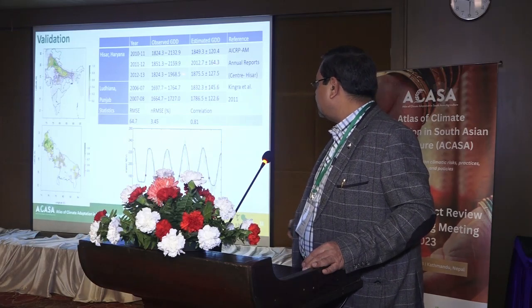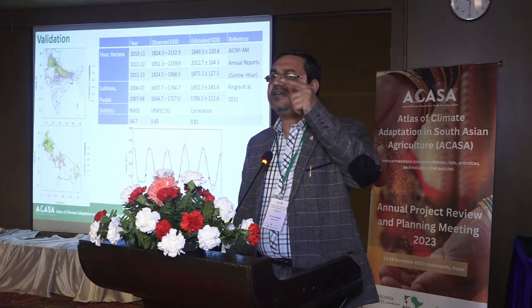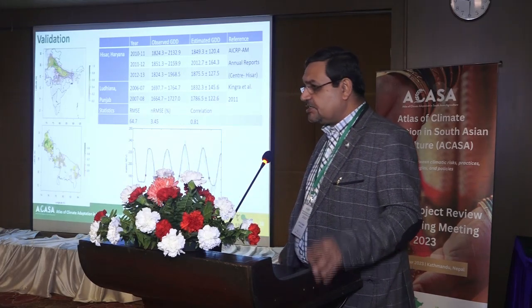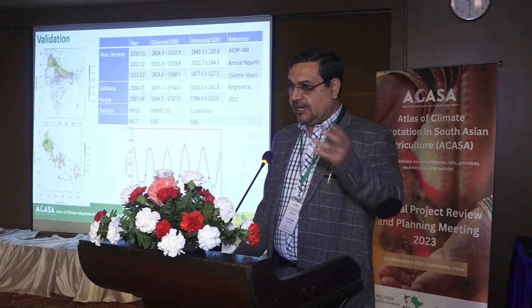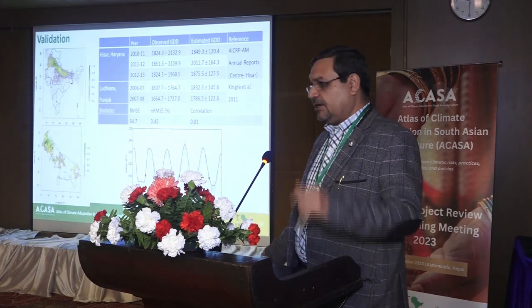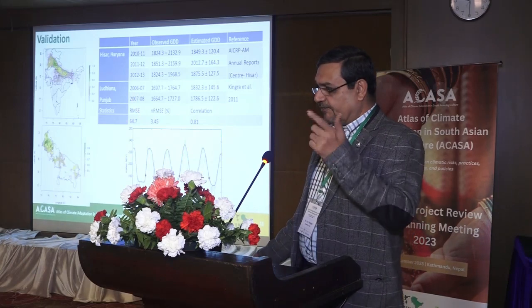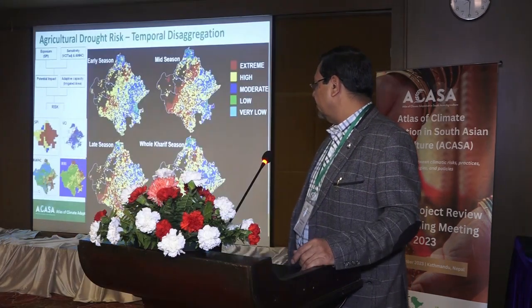From some of the ground information, growing degree days are reported. We compared them: we calculated using these dates the growing degree days and compared with what has been reported on the ground, and so we could find the correlation between them, and if it is high, you have high confidence in them.